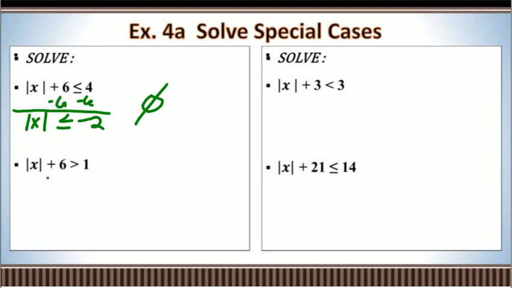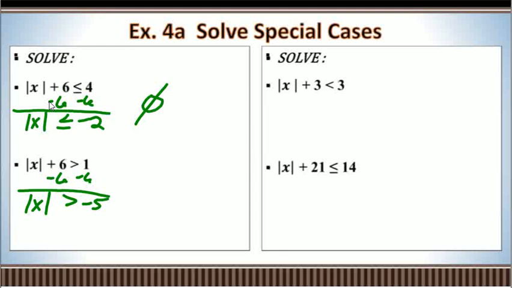Next one, subtract 6 on both sides. You have the absolute value of x is greater than -5. Since this inequality states that the distance from 0 is greater than -5, all distances, the absolute value, are positive.